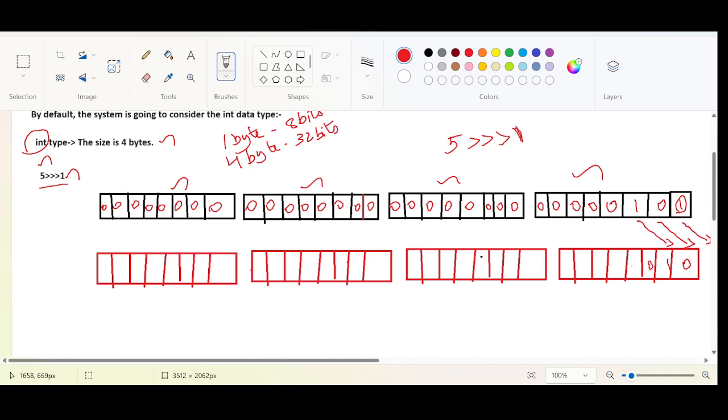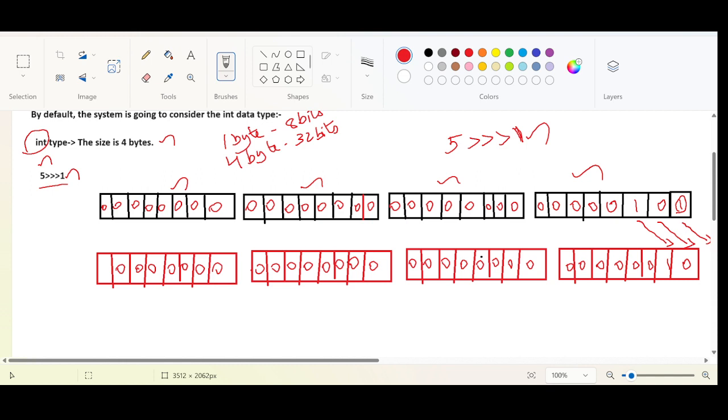Likewise, I can fill everything according to the right shifting, because we are right shifting it only once.